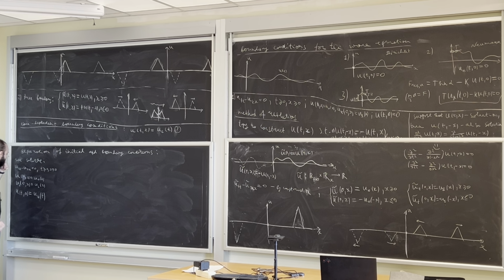So we can say that if there are some appropriate boundary or initial conditions, or we just go to t equals minus infinity, we can say that it's not constant, it is just 0.